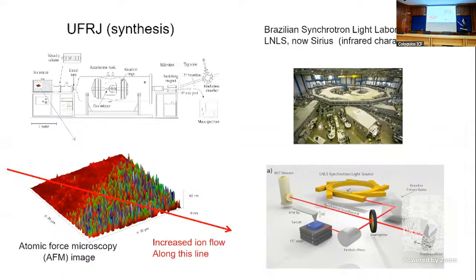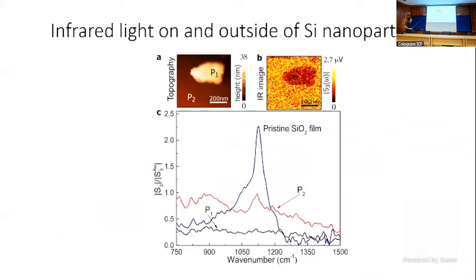And then, at the Brazilian light source, we used the technique that I have just described to study the sample as a function of position and spectroscopically. This is a zoom, let's say, on one of the structures.